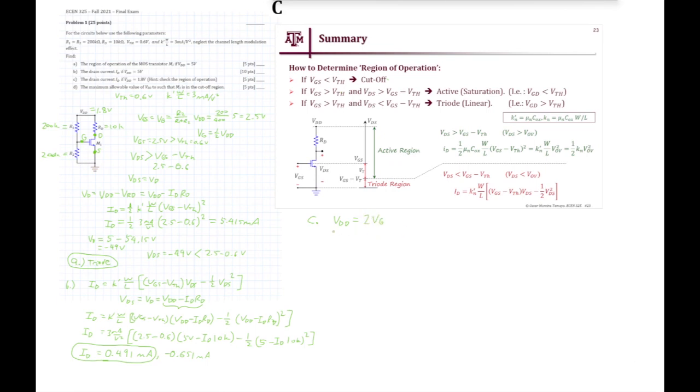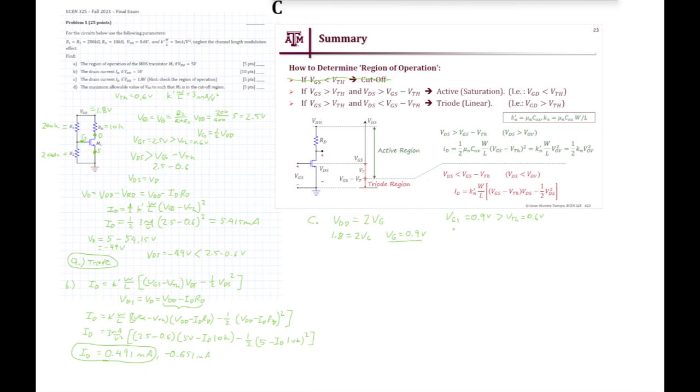And therefore, if our VDD is equal to 1.8, our VG value will be equal to 0.9 volts. And so our VGS value is equal to 0.9 volts, which is greater than our VTH value of 0.6 volts. And therefore, we are not in the cutoff region.